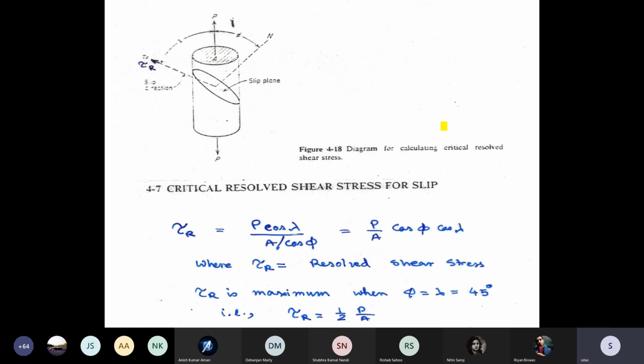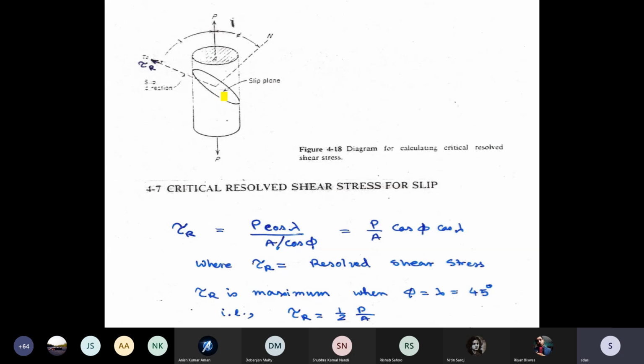Now another term we will introduce to you. This is a single crystal, a cylindrical shape, a single grain. The cross-sectional area is A, applied load is P, and there is a slip plane at an angle. And you know, in mechanics, any stress you apply has two components, a normal component and a shear component.